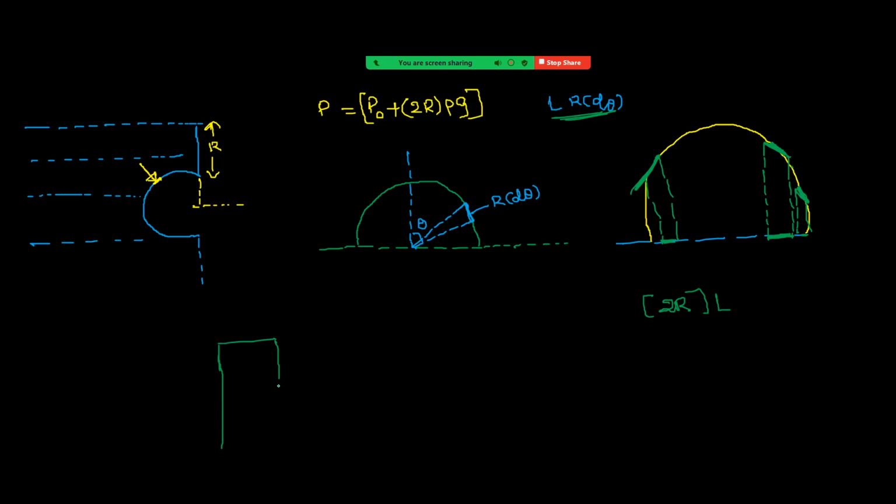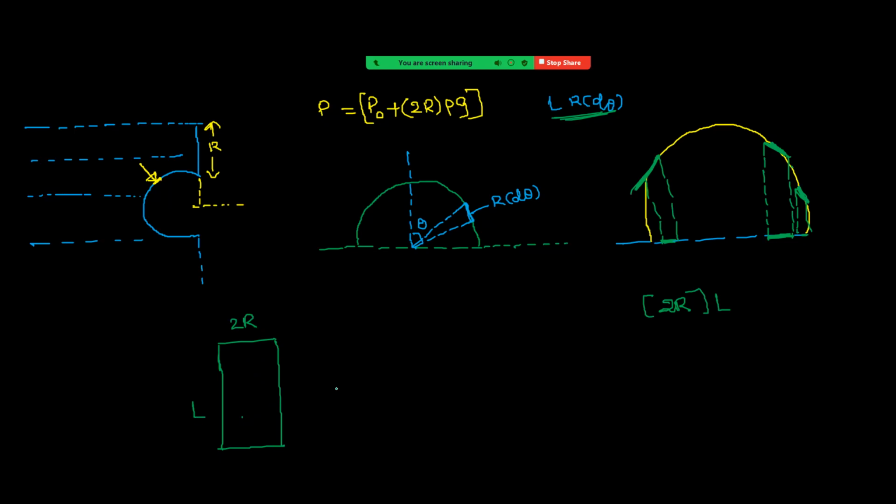This is one rectangle whose length equal to L, breadth equal to dr. This is a flat part of the semi-cylindrical gate. So when you are taking projections on the flat part, finally it is equal to area of this flat part, that is 2r into L.